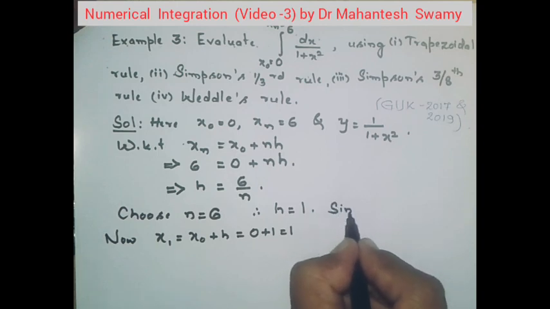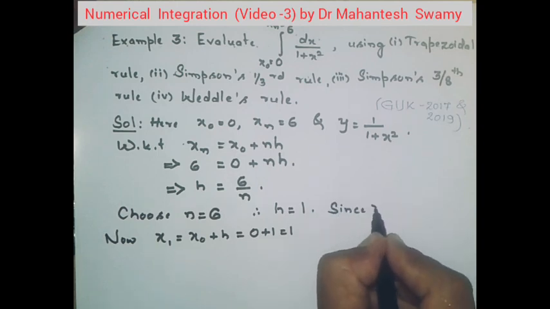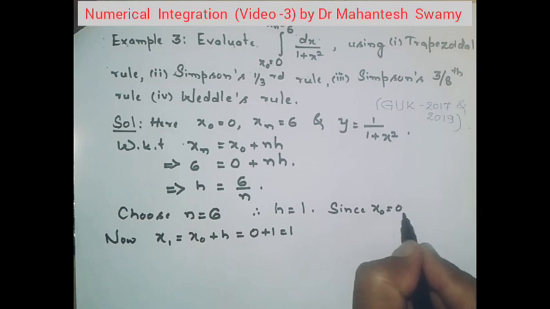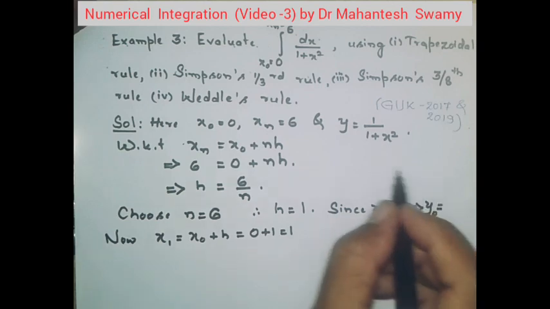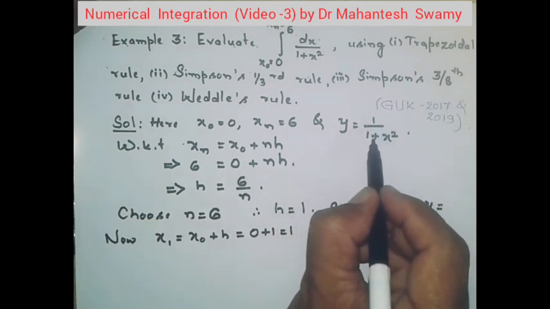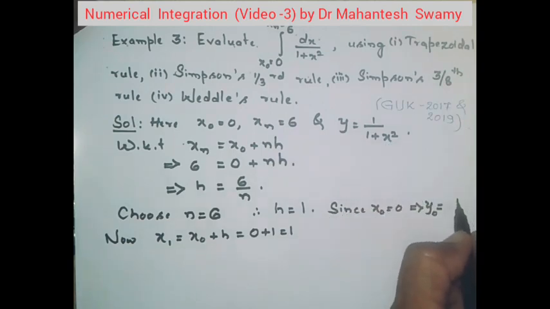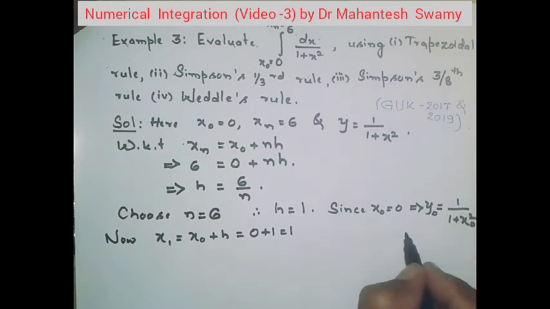Since x0 is 0, y0 is equal to 1 divided by 1 plus x0 square, as per the definition of y. x0 is 0, therefore y0 is 1 divided by 1 plus 0, which is 1.